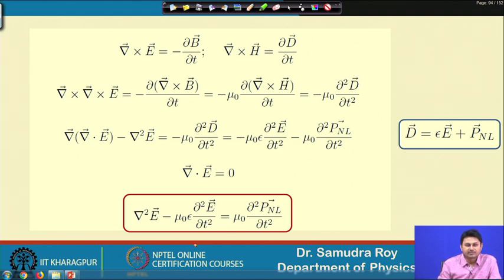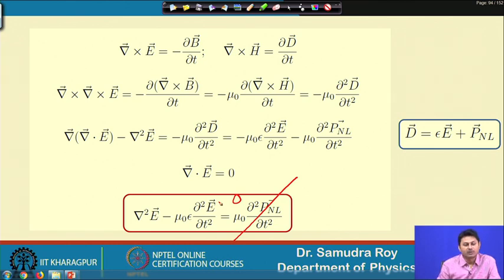One very important aspect we find in this equation is that normally this term is not there. When we consider everything to be linear, or the polarization is a linear polarization, we have this equal to 0, and then we have some kind of solution, the plane wave solution.